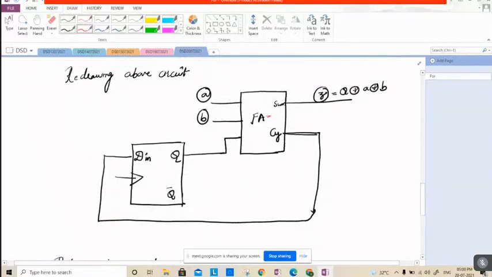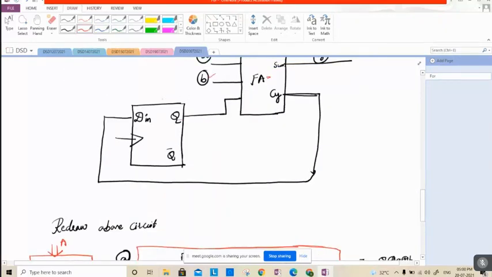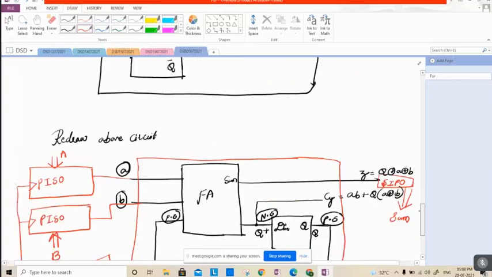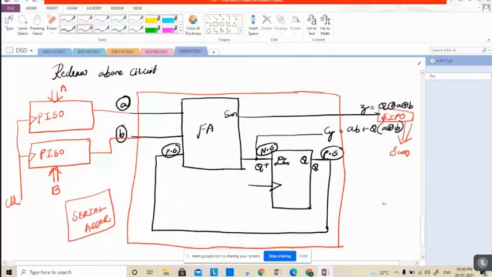A and B are external inputs, and this is my Q value, which is coming from this position, the present state. Now what I have done is I have swapped the positions, this with this and this with this. The full adder is placed here and the D flip-flop is placed here.